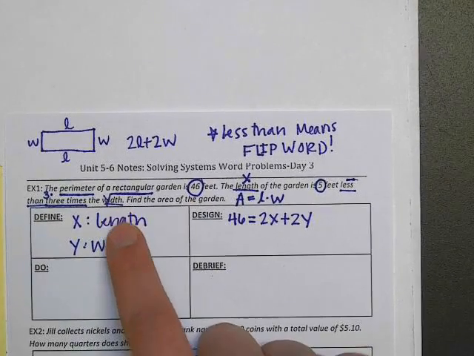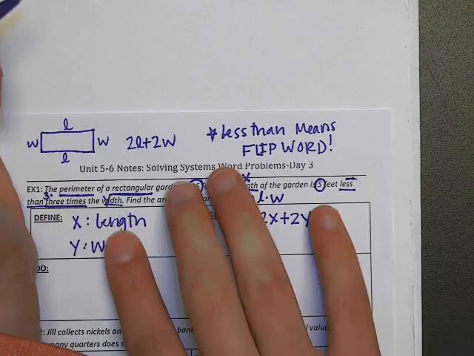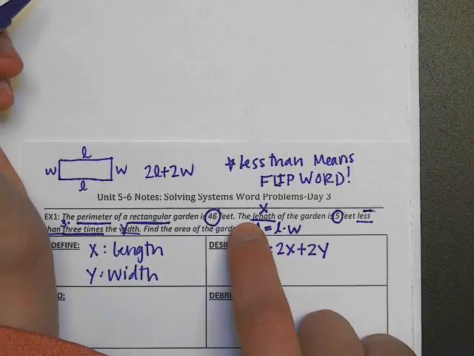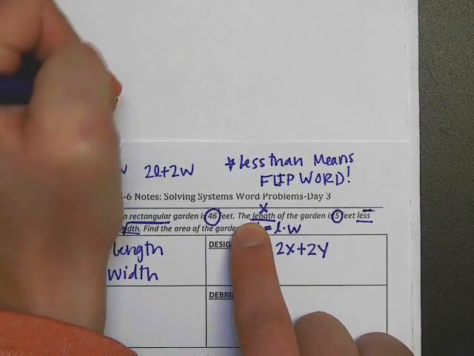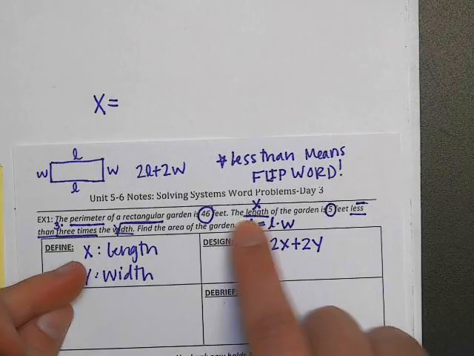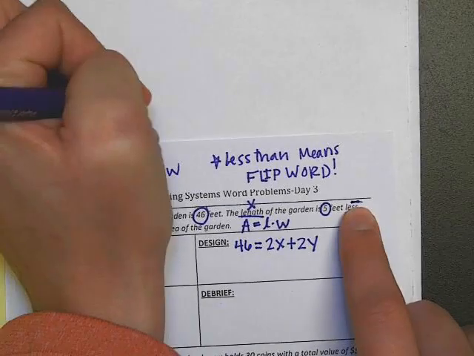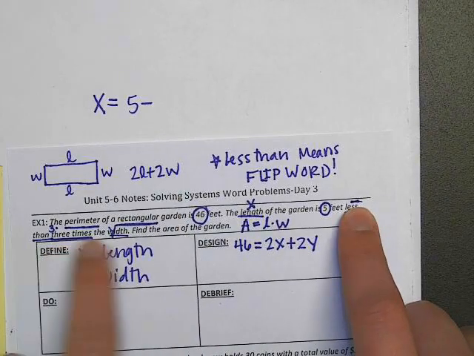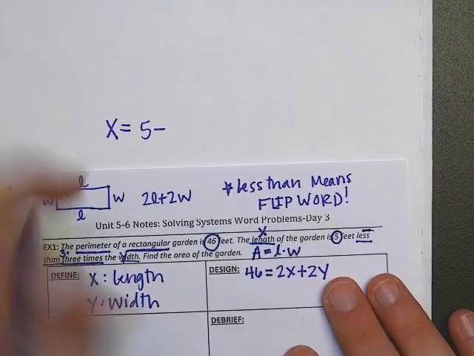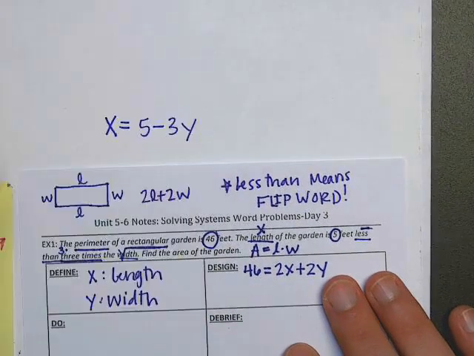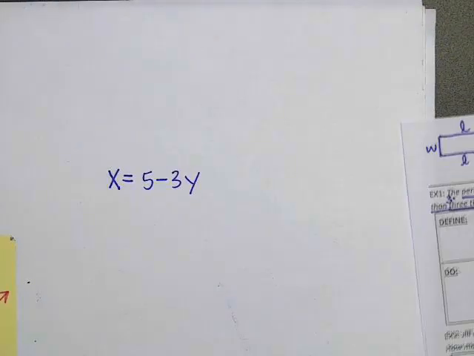No. So how do I start my equation? The first variable, which is X equals. Now, if I wrote it exactly how it looks, 5 minus 3 times Y. That's how it would look, right?